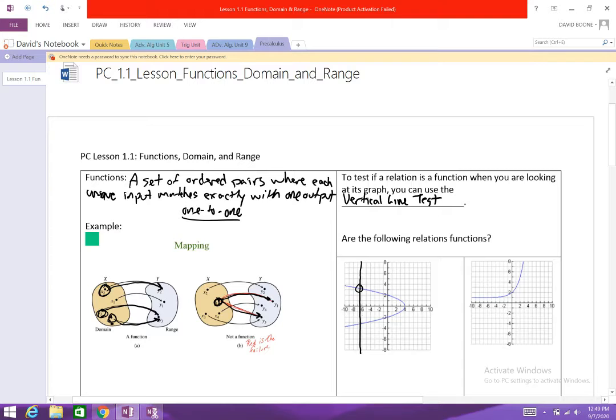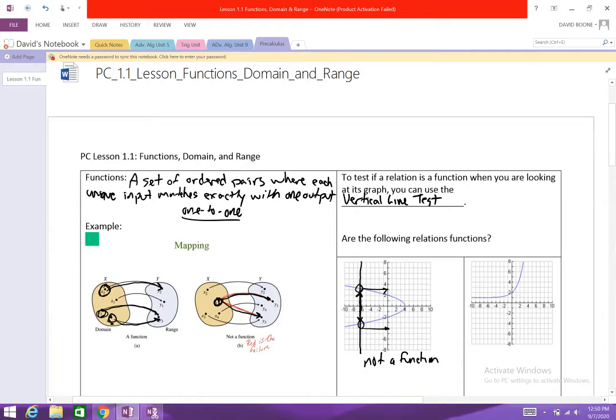This one happened to go through twice, so this one is not a function. If you can draw a line vertically anywhere and it goes through more than once, then it's not a function. Look at this, we've got the same x value for each of these points, but it would deliver a different y value.